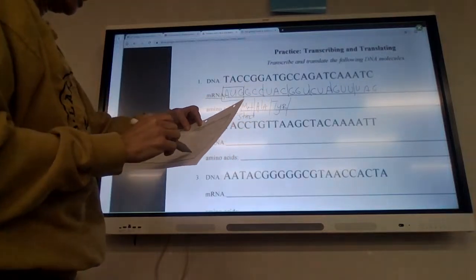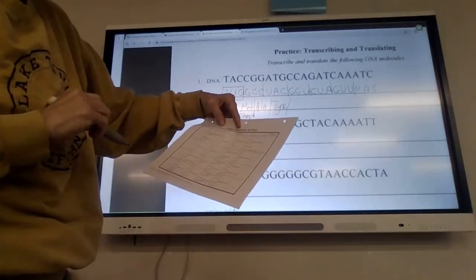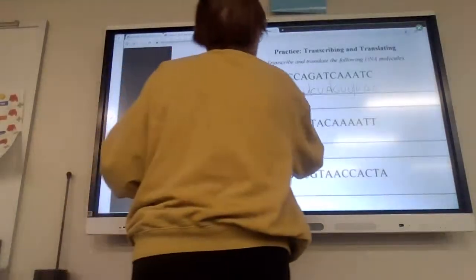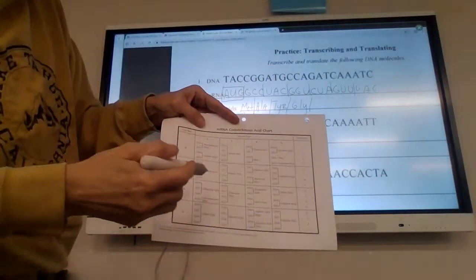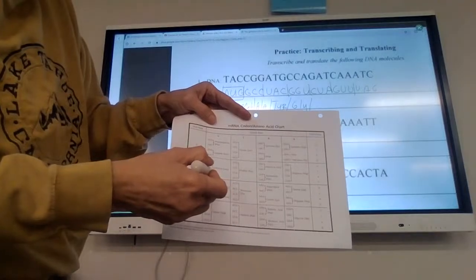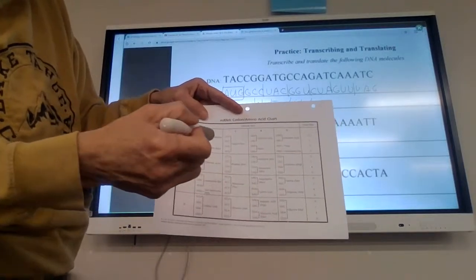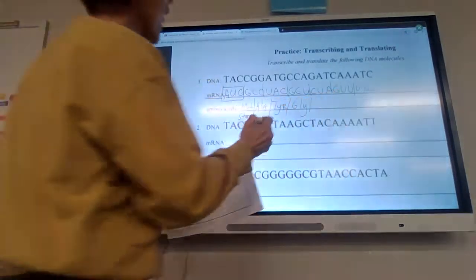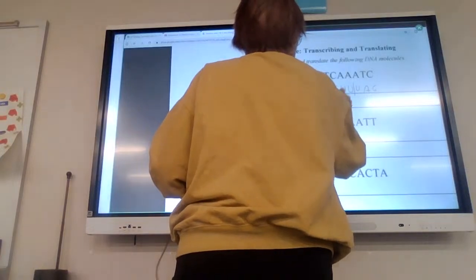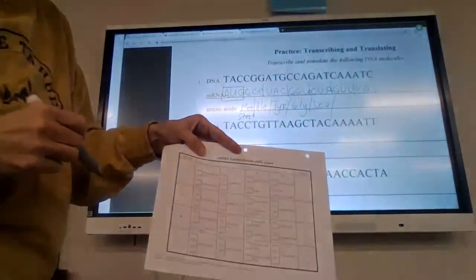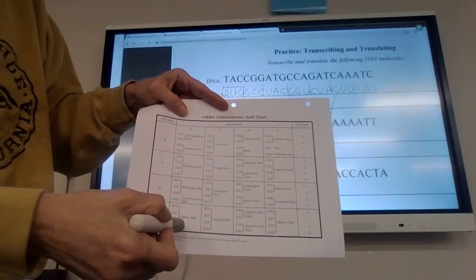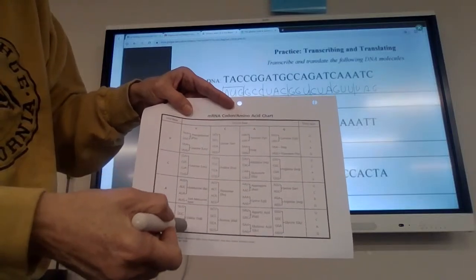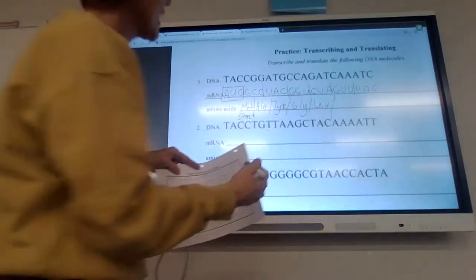GGU and all the GG's code for glycine, GLY. Then CUA: all my CUs code for leucine, LEU. Then GUU: all my GUs, no matter what the third letter is, code for valine, VAL.